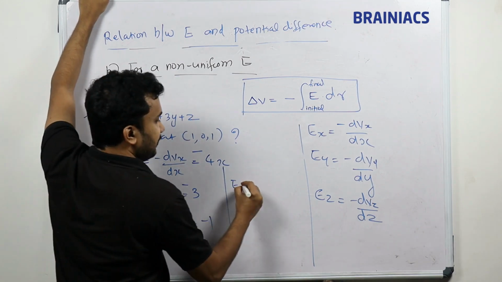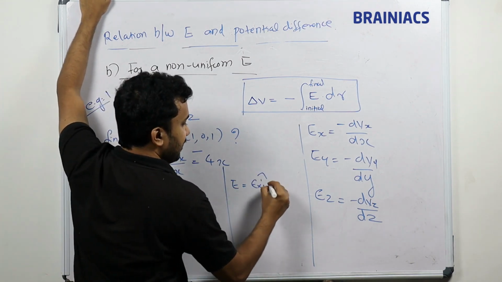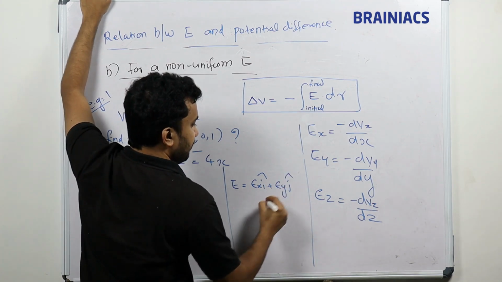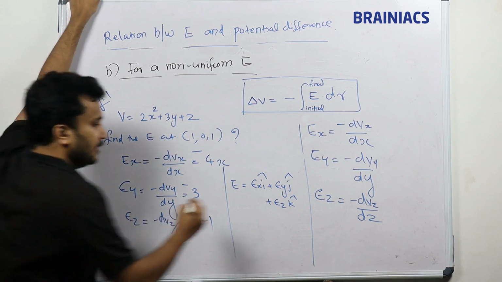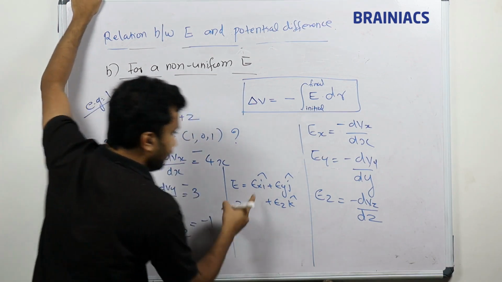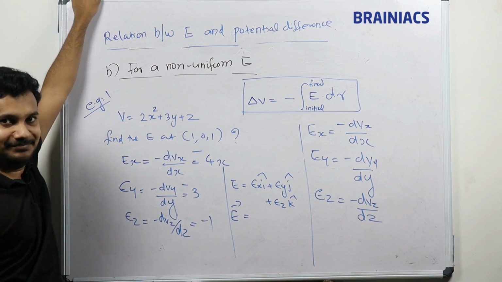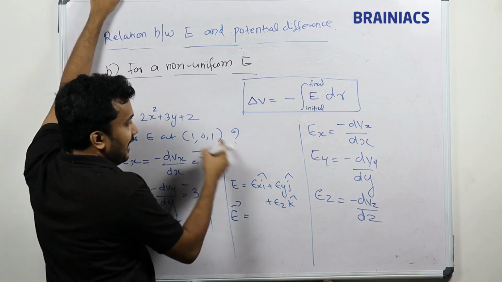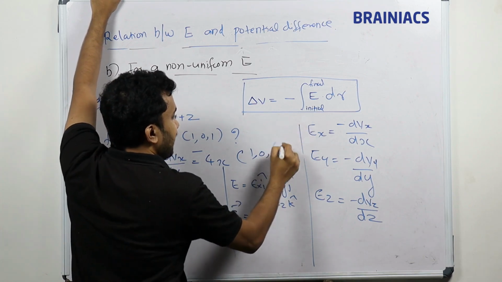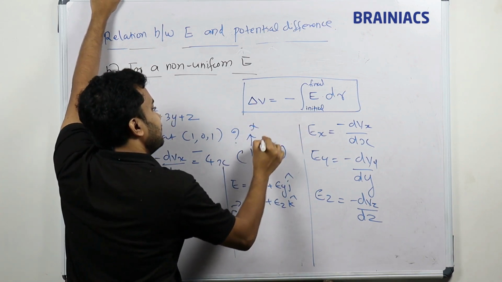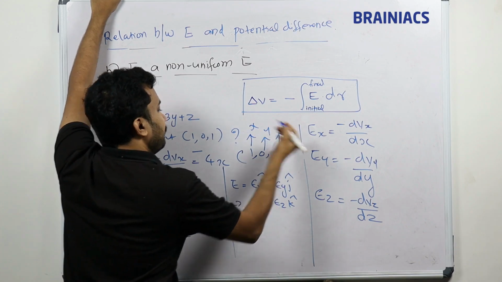So the net electric field will be equal to Ex i cap plus Ey j cap plus Ez k cap. So the electric field vector E will be equal to Ex at the point (1,0,1). (1,0,1) means this is the value of x, this is the value of y, and this is the value of z.